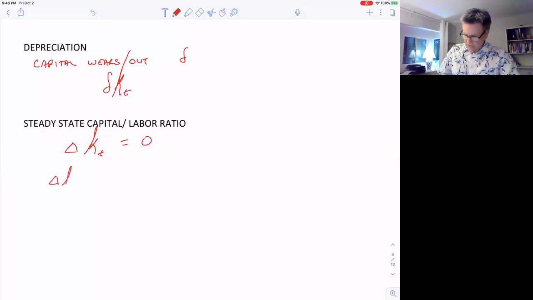And the change in little k sub t is going to be the new amount of investment at time t minus the depreciation is equal to 0. So right where those two lines cross is that steady state for the capital labor ratio.